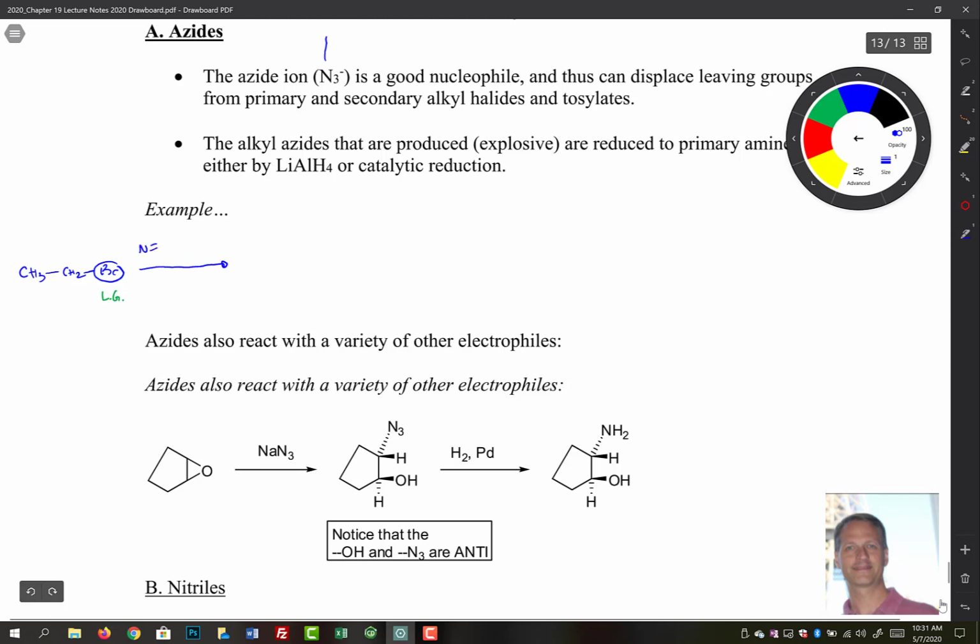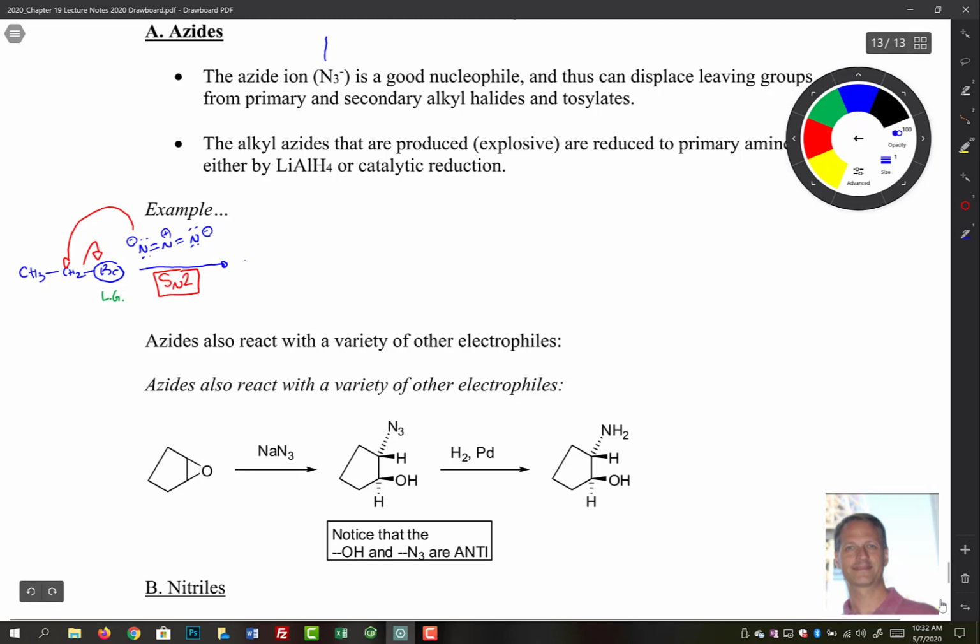So let's draw out that structure here again. Put in your formal charges and your lone pairs. And what's going to happen here is we are going to get an SN2 reaction. So SN2, we're coming over here to that carbon, kicking off electrons to the bromine atom, okay?